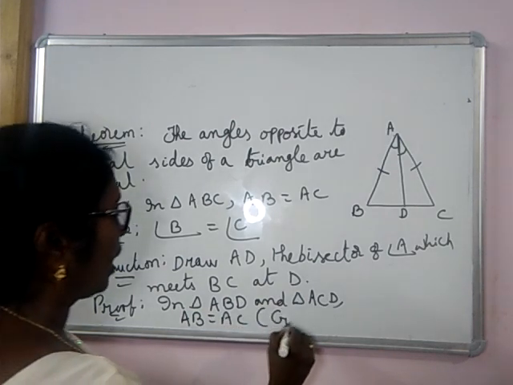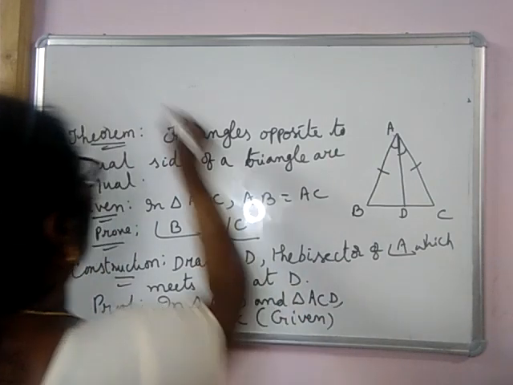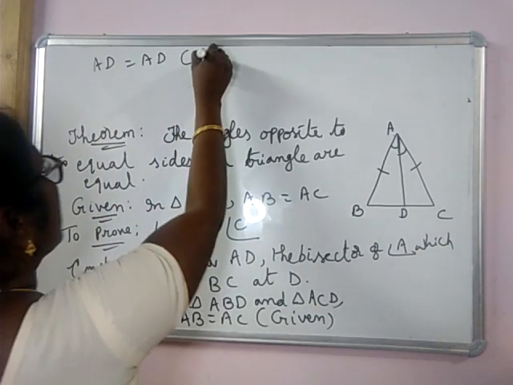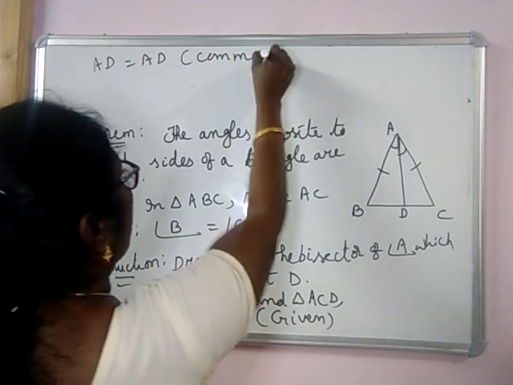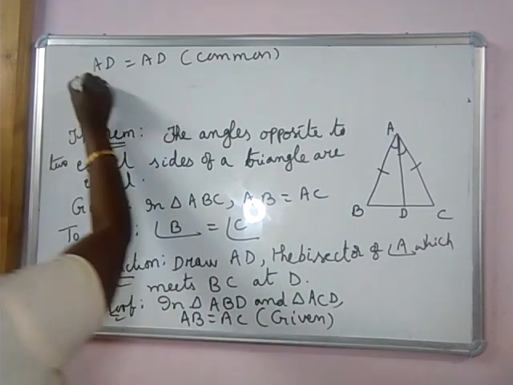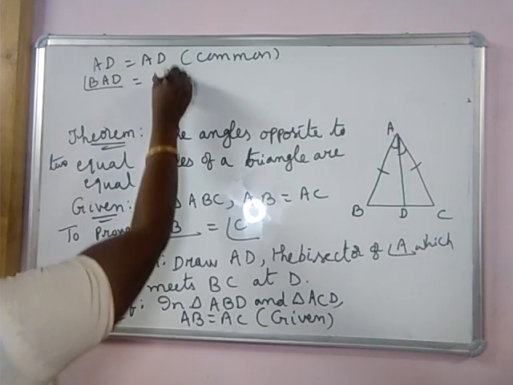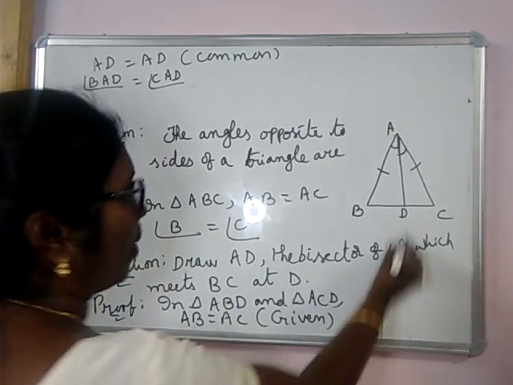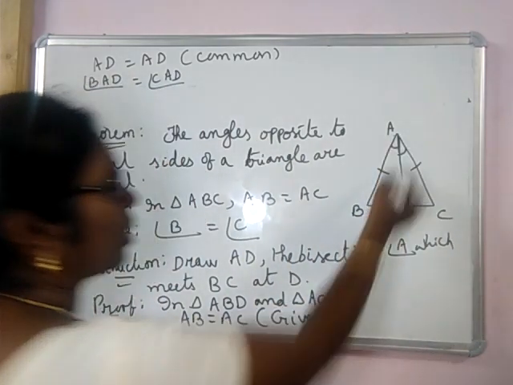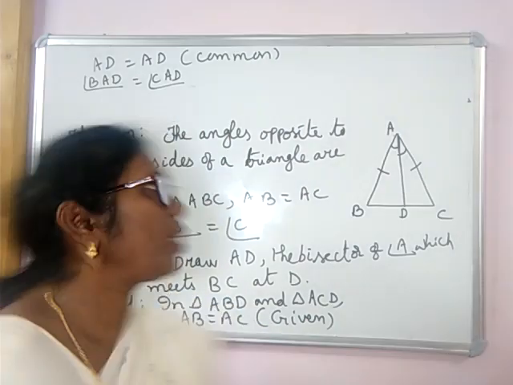AB is equal to AC, given. Yes or no? AB is equal to AC given, and AD is the common side in both the triangles. And angle BAD is equal to angle CAD. Just now we have constructed the bisector of A. So side angle side, under SAS condition, these two triangles are congruent.